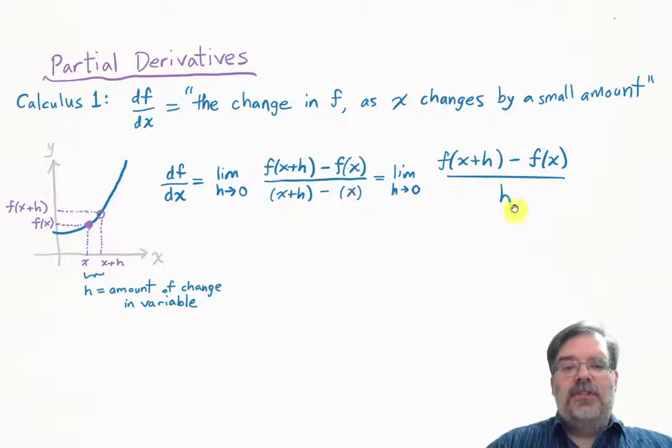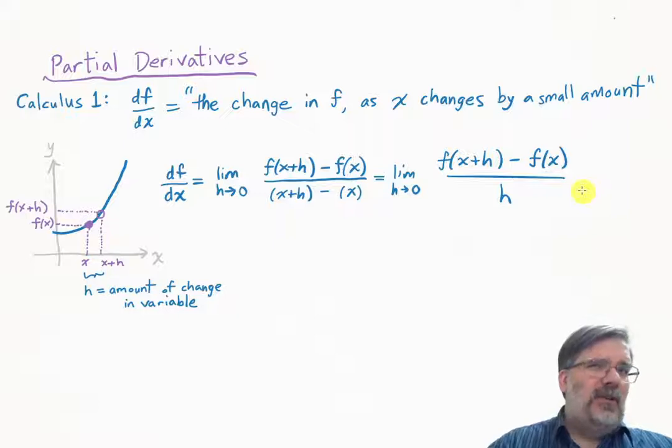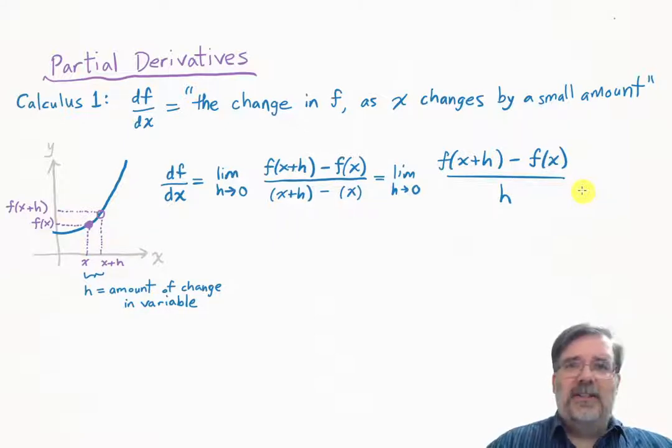Now, of course, we can't just plug 0 in for h right away, because if we do, then on the top we have f of x minus f of x, which is 0, divided by 0. And 0 divided by 0, that's indeterminate. So we'll always have to simplify this expression first to figure out what a derivative is. And you did a lot of that in Calculus 1.